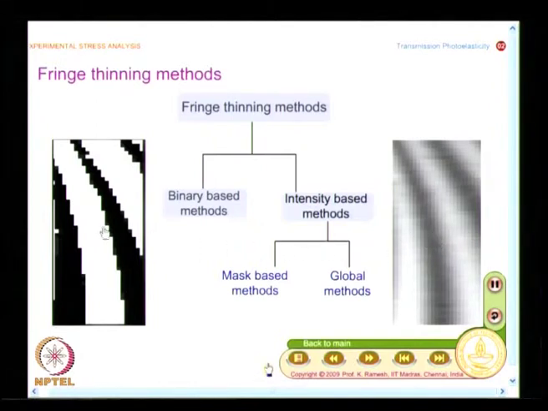One can view this as a black and white picture, and that is what is done in the binary based method. Essentially, whatever developments there were in optical character recognition, people directly applied to fringes. One of the advantages in photoelasticity is that the fringes have very good contrast.